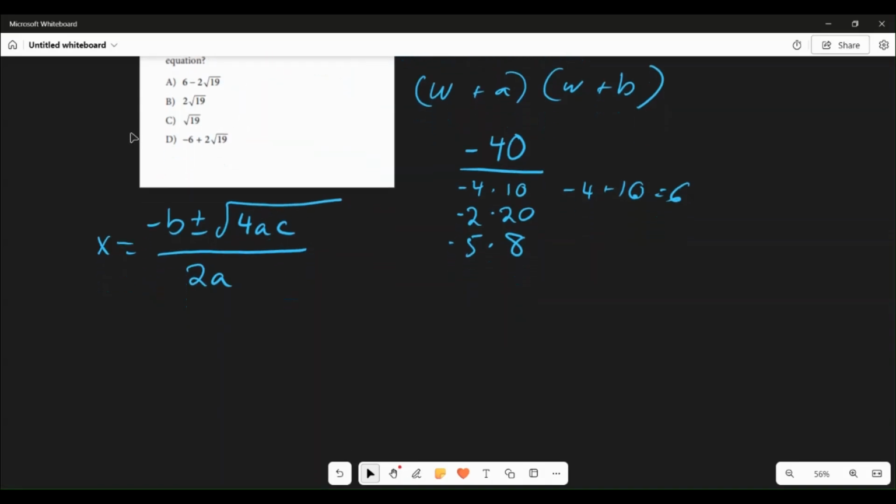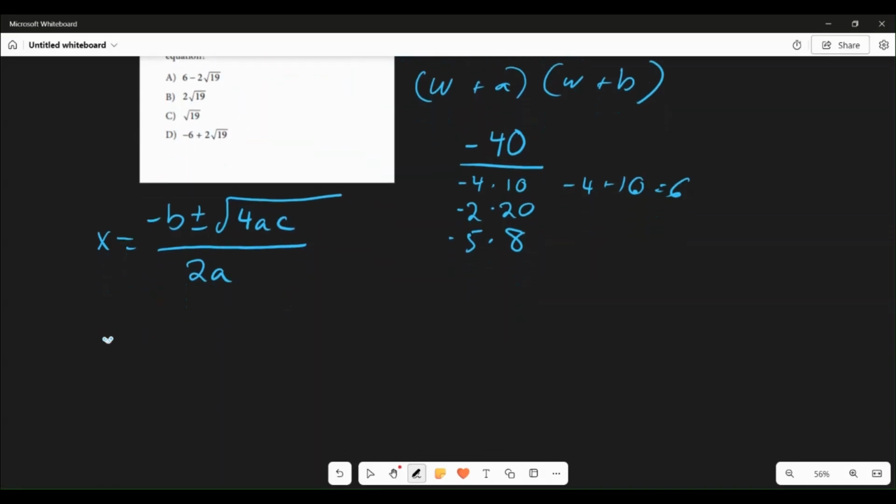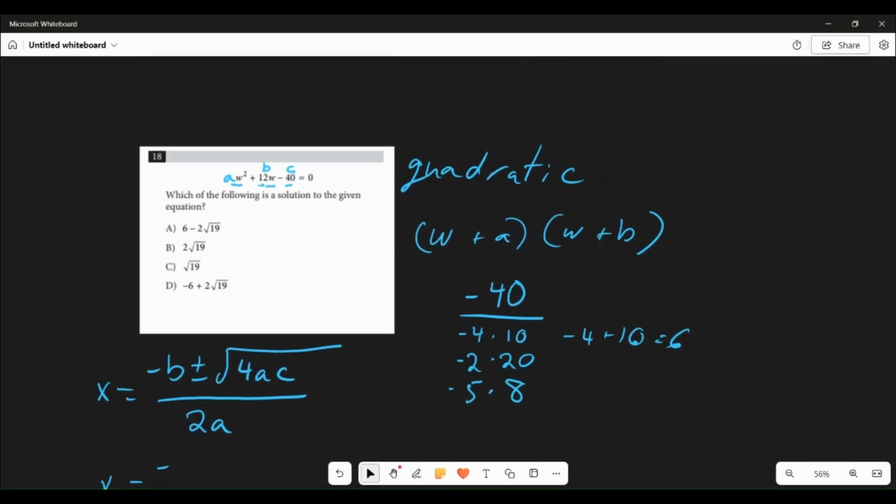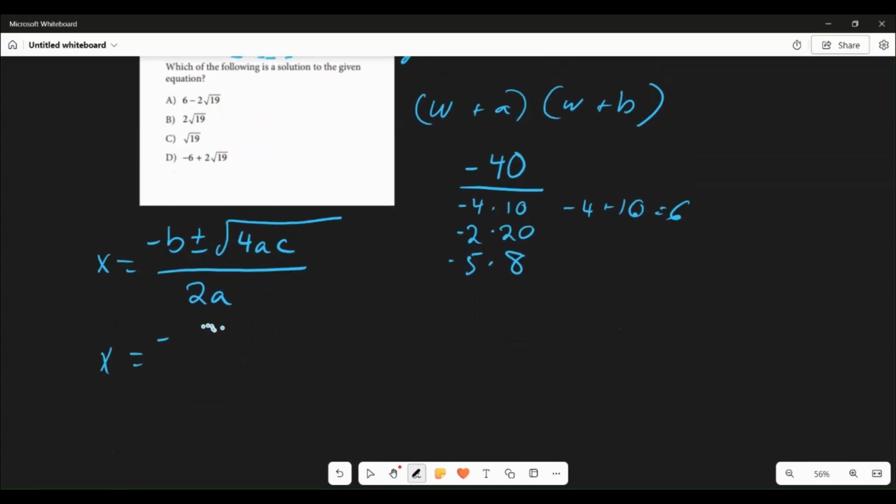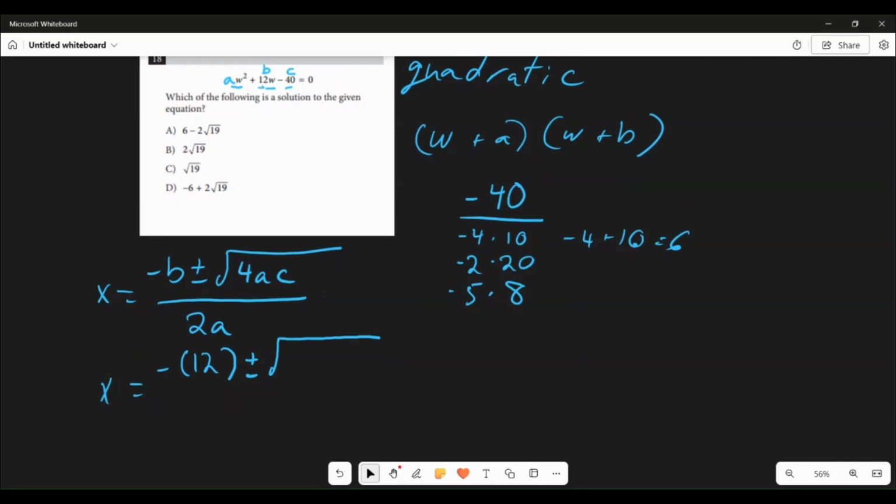So let's plug everything in. So x is going to be equal to minus b. What is b? Minus 12, right? So minus 12. And then we're going to have plus or minus the square root of b squared minus 4ac. So we keep the 4 constant, right? What is a? Well, if there's no coefficient explicitly written out, then we know that it's just a 1, right?